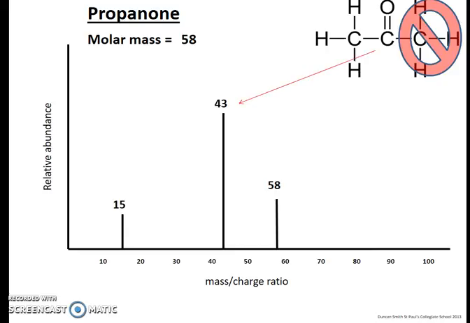So 43 again is one of those fragments that can mean multiple things. So please don't be fooled by saying, oh, it's got 43, it must be a ketone with a methyl group attached to it, or it must be 43, it's got to be a propyl group, or something like that. There are multiple ways that you can make up a peak of 43. Similarly, there are multiple ways that you can make up a peak at 29.